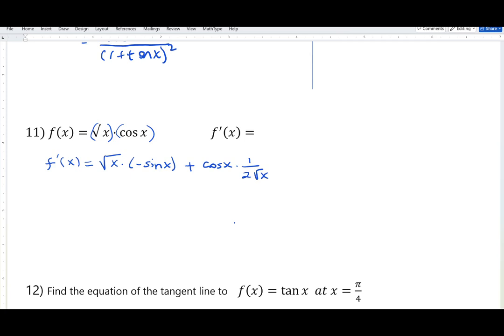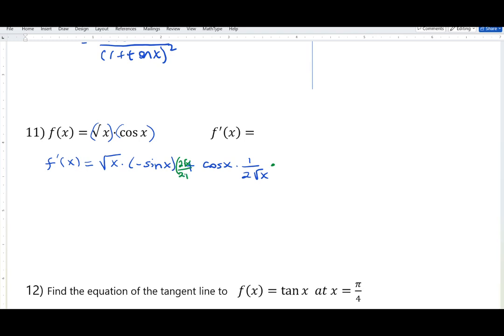You might see sometimes answers left in a different format. So I'm going to multiply here top and bottom by, let me see, this one actually will stay the same. Let me multiply the first one top and bottom by 2 times the square root of x.